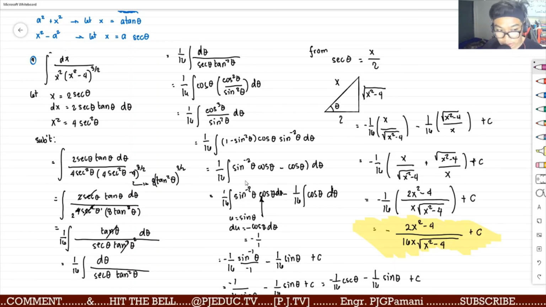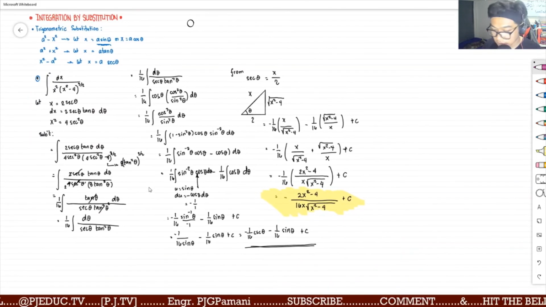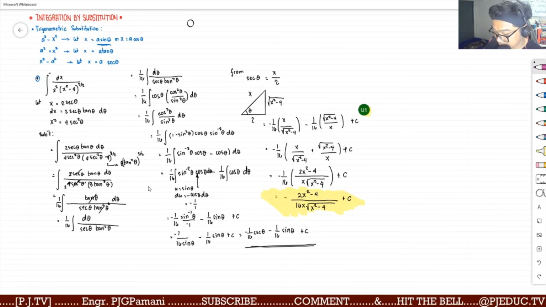With that said, try to solve this exercise problems.